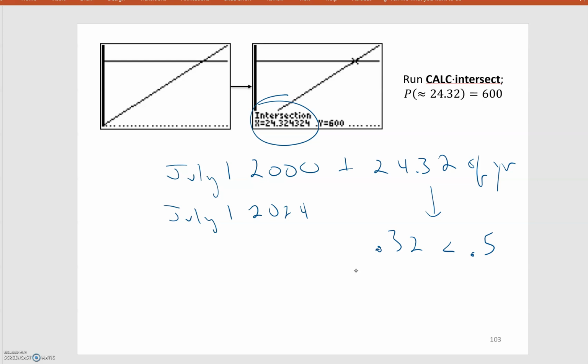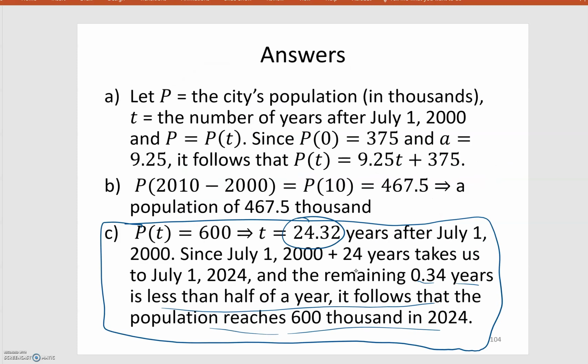So any value that's less than 0.5 will keep me in the year 2024, and 0.32 certainly keeps me within 2024. Okay, so there is the final part of that question.